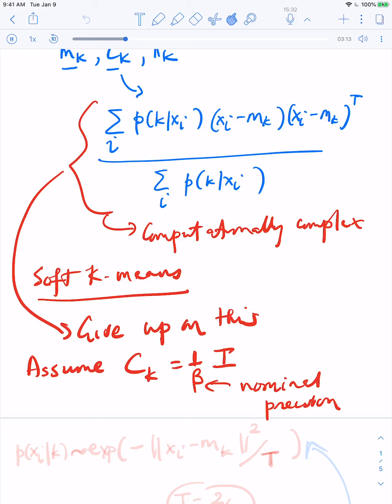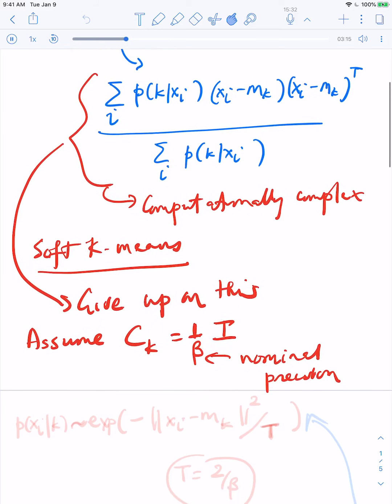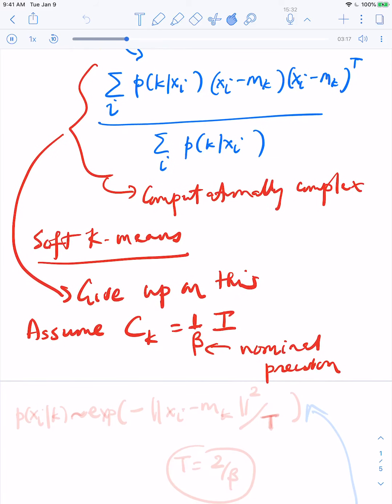And what does that mean? It means that under the component k, if the ith xi is assigned to component k, its density would look like exponential of minus the squared distance multiplied by the precision divided by 2.